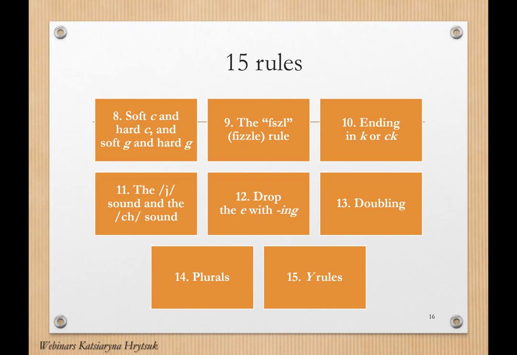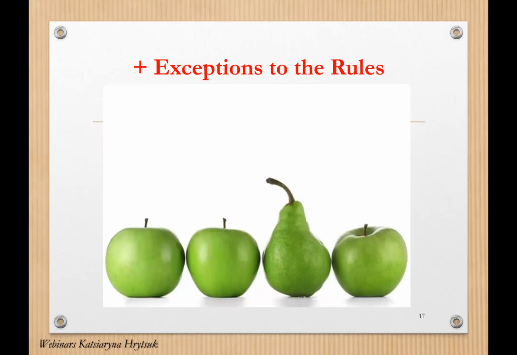Then we have doubling, okay? Then rule number 14, plurals. And also another rule with Y rules, okay? So here we are, let's go. And of course, we will have some exceptions, исключения. Some exceptions to the rules. Unfortunately, they always exist, because in every language you can find a lot of different exceptions. That's why we will also talk about them shortly.